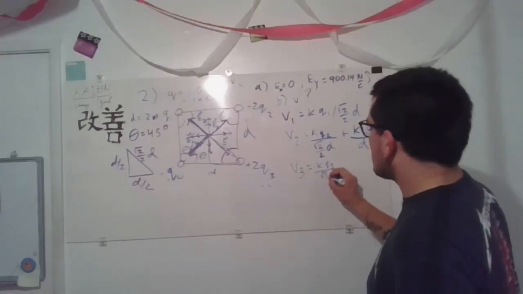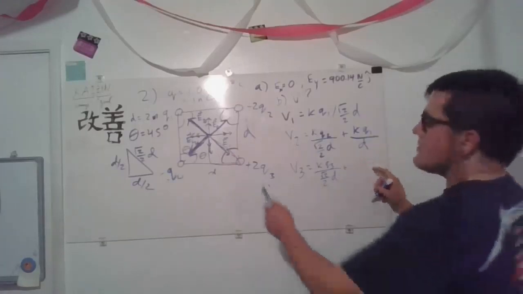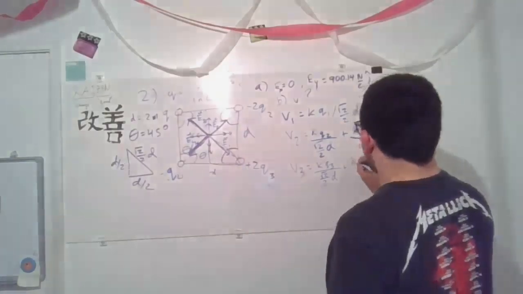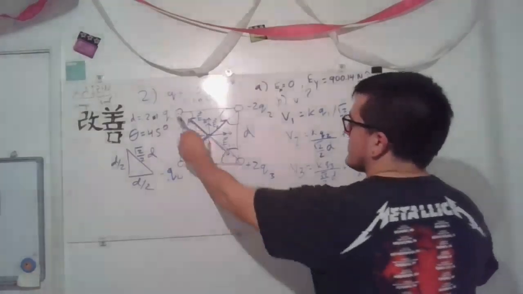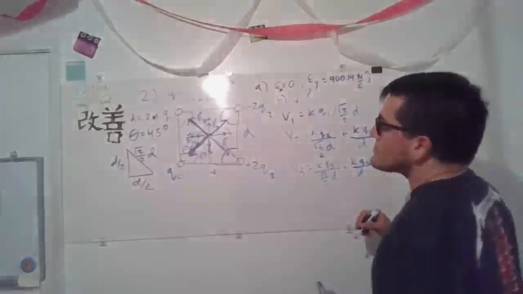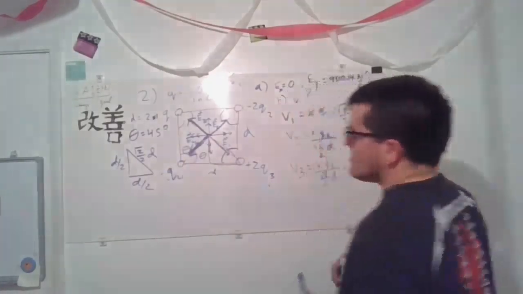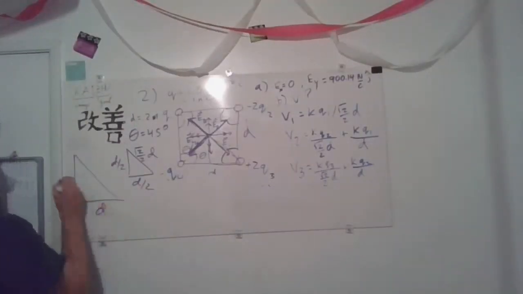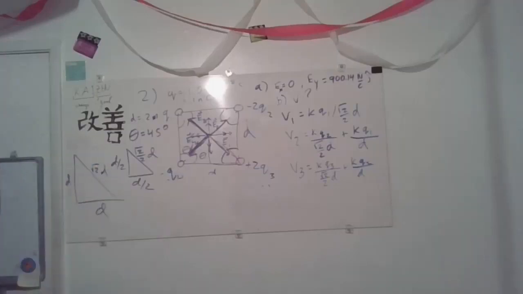Again, you'll have this. And then from V3, you'll have this one. And then you'll also have this one, right? So what is this distance now? You have D, and you have D, so then what will that be? Radical 2D.